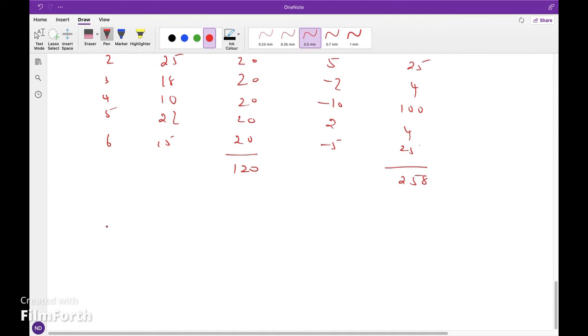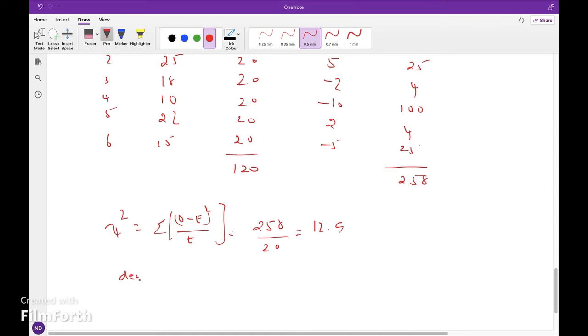Now the statistic chi squared equal to the summation of O minus E the whole squared divided by E, that is 258 by 20, 12.9.